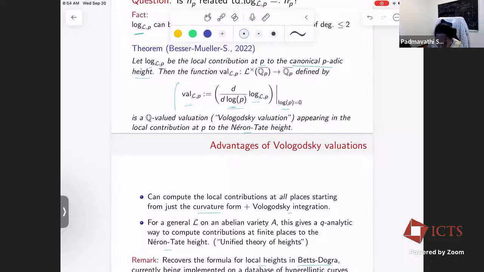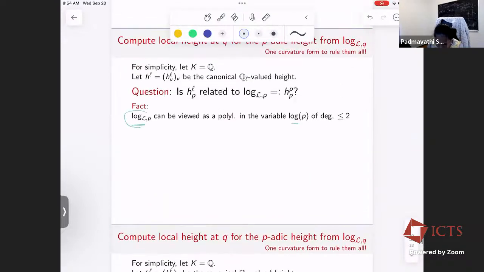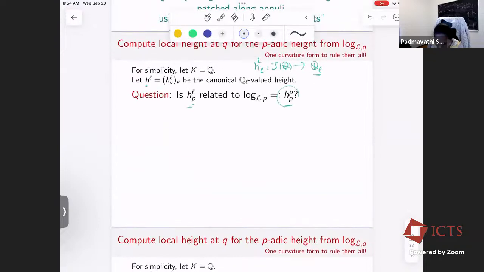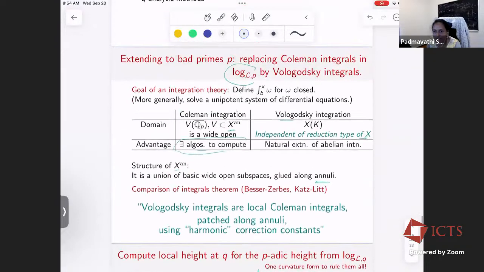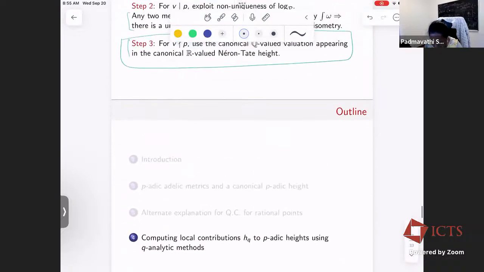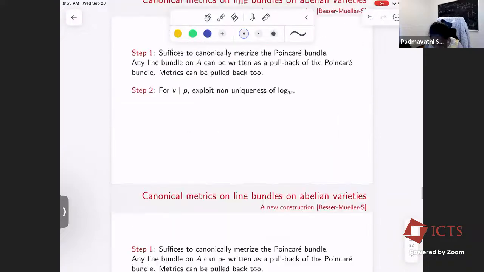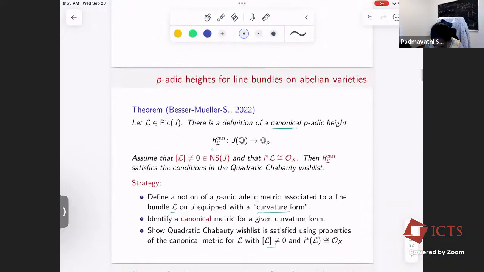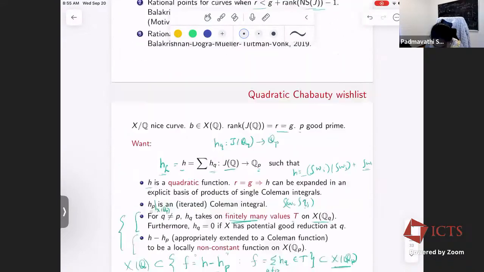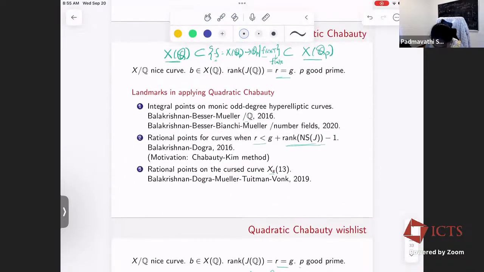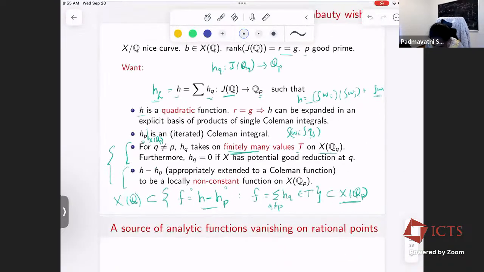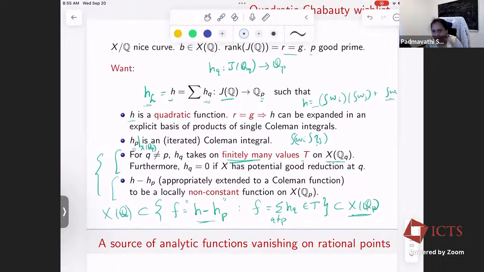Oh, so what happens if L is 0 in the Néron-Severi? You just end up, I mean, H minus H_P is identically 0. You don't get an interesting function; the vanishing locus is all of Q_P. You don't have ways of showing that. Let me scroll all the way back to the wish list. You want to make sure that the functions that you write down are non-constant on each residue disk.